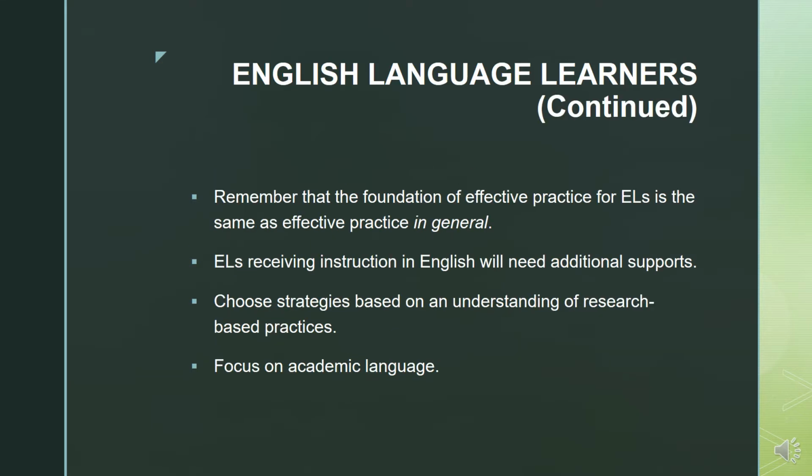English language learners also, just make sure that the foundation for effective practice is the same as it is with our native born or traditional students. We're all working towards that same goal.